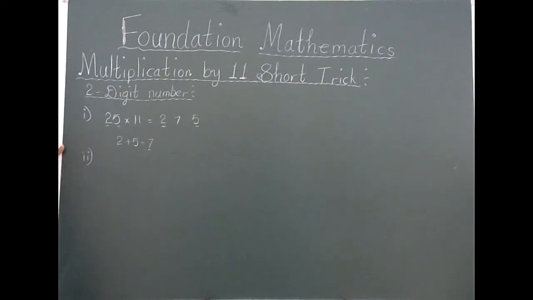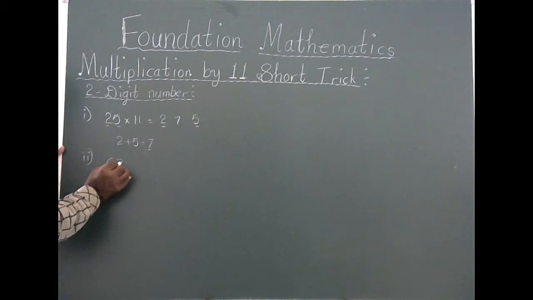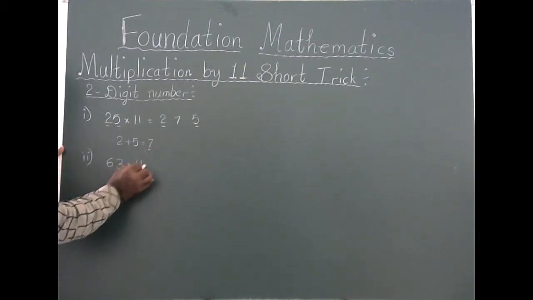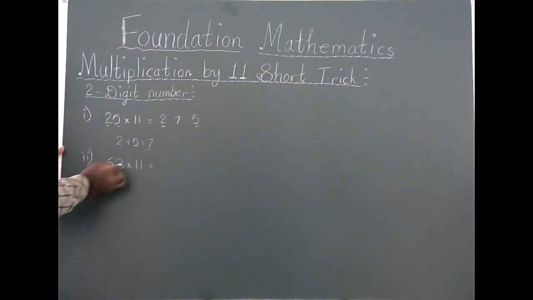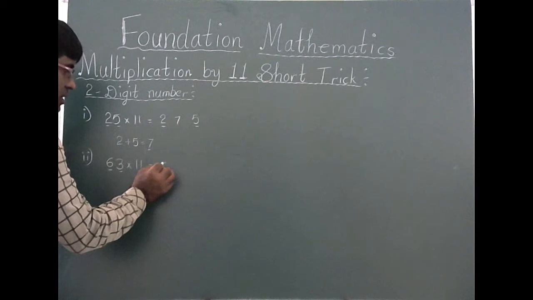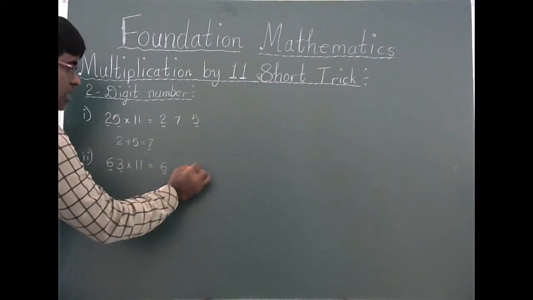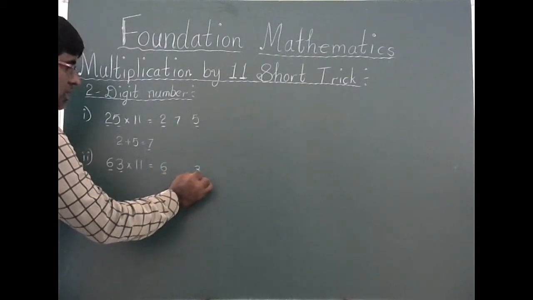Take any 2-digit number, for example, 63. 63 into 11. First digit 6, the last digit is 3. As it is I am writing the first digit 6 and the last digit 3.